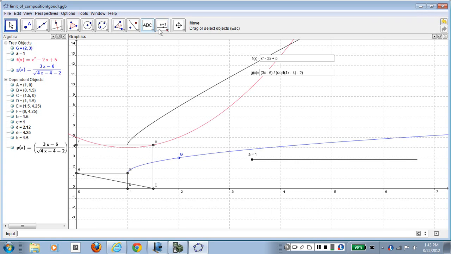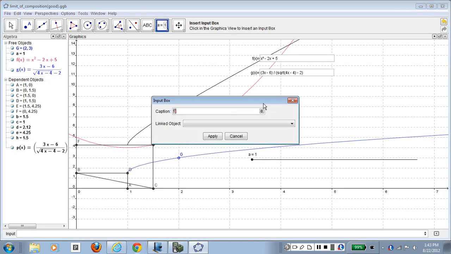Just one second. So f of g of x, and I'm going to link this to p of x.